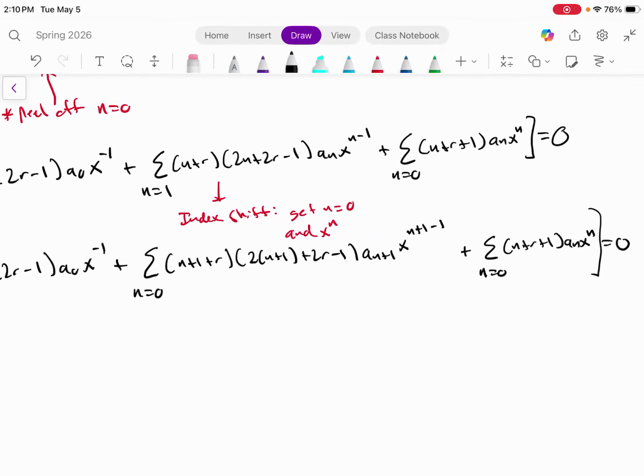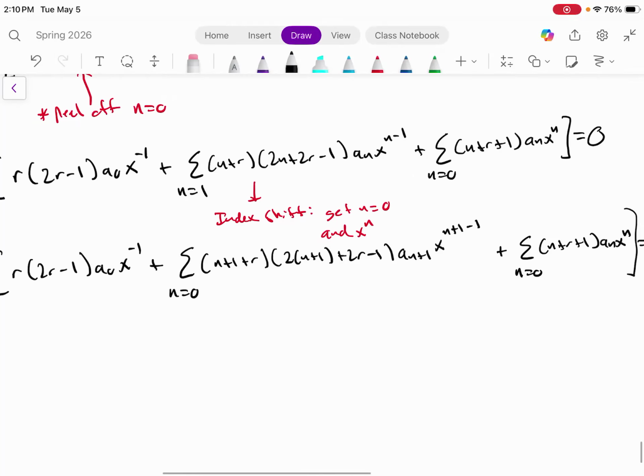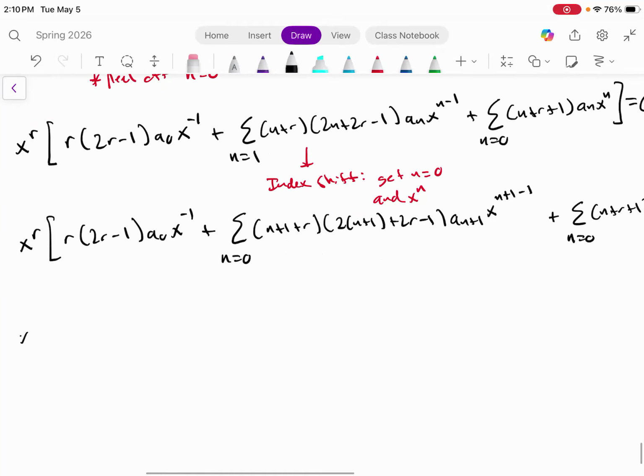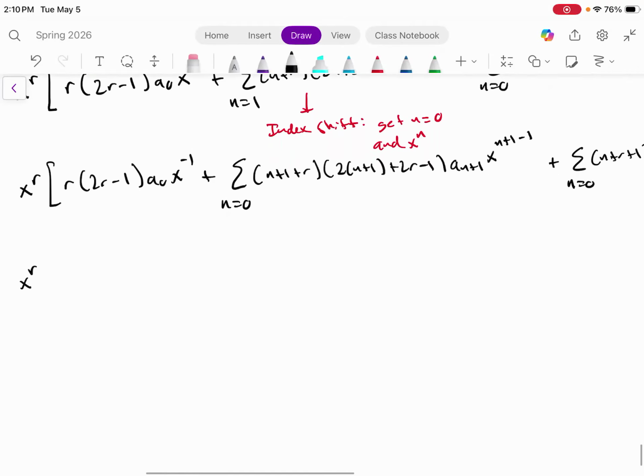And so let's go ahead and simplify this middle term. This will be x to the r. This is unchanged. I'm just copying it down. And let's clean up this power series here. I'm going to rewrite it like n plus r plus 1, just to have the n and the r close together.